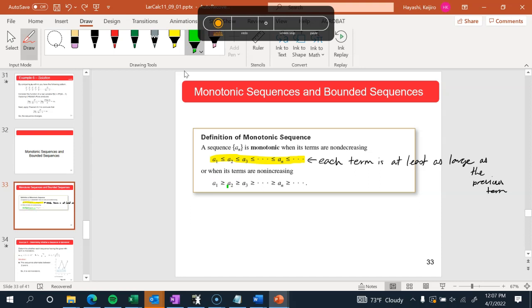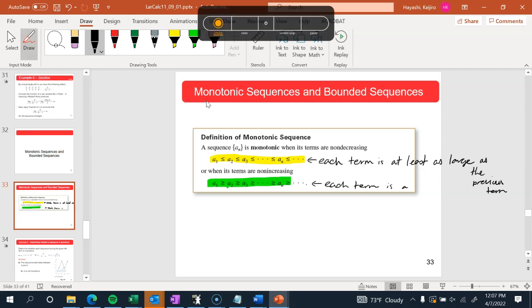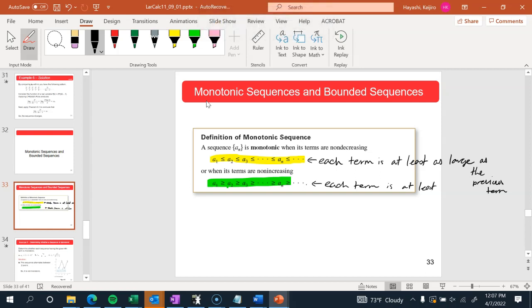Or when its terms are non-increasing, meaning that it doesn't go up. Maybe it stays where it's at or it goes down, but that's all that it does. It either stays where it's at or it goes down. And all that would mean is that each term is at least as low as the previous one.